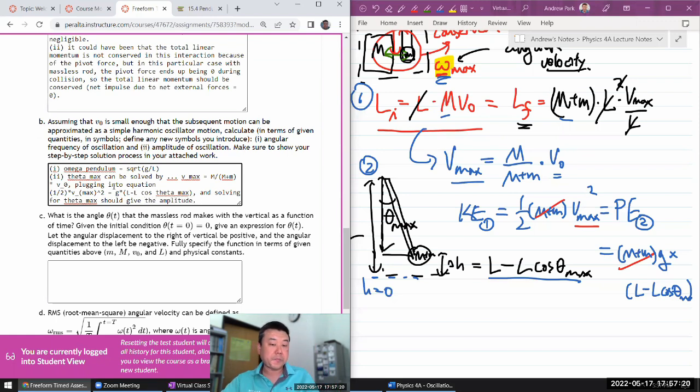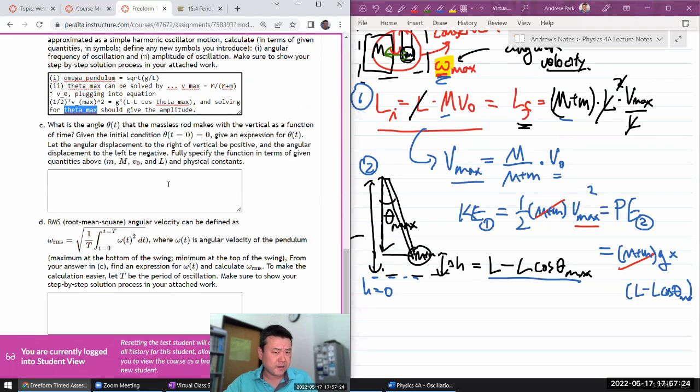And when you imagine solving for theta max here, what you have is a bit of an ugly algebraic expression, because you should be solving for cosine of theta max and then taking the arc cosine, and that'll give you an answer that's acceptable.